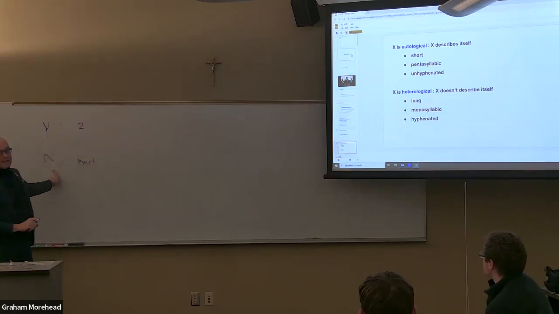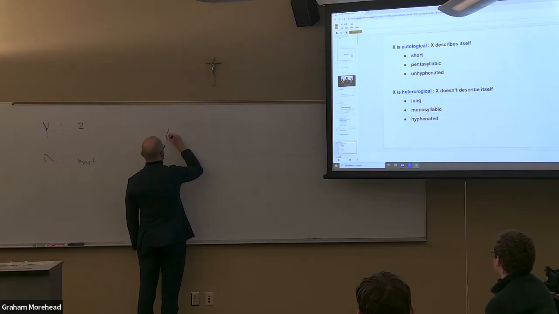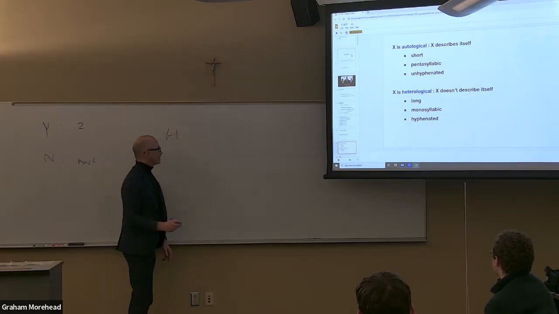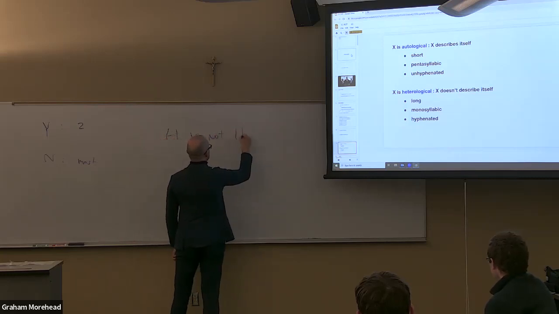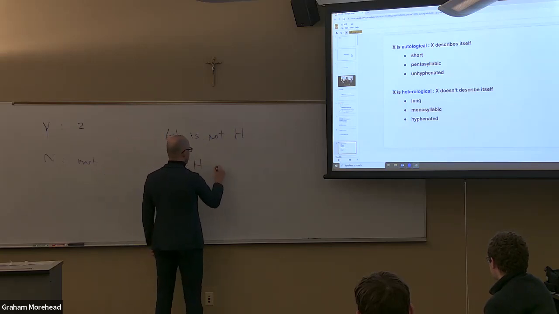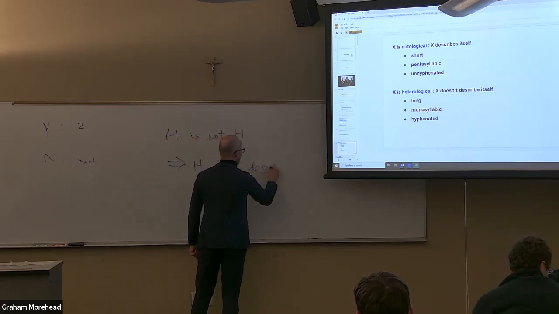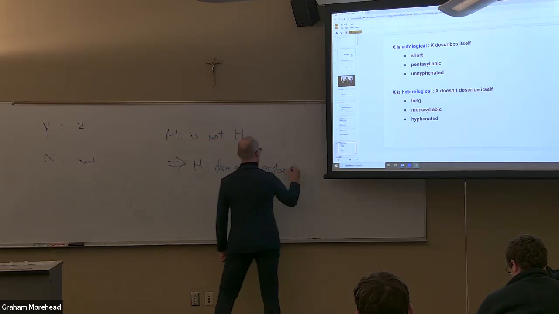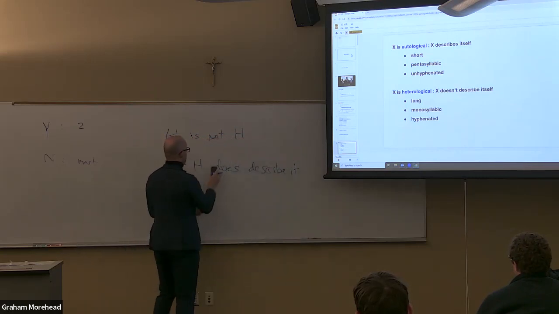Okay, so let's take this argument and see where it goes. We're going to say that, well, just call it H, okay? Heterological is not heterological. Therefore, heterological does describe, wait, if it's not heterological, then it must be autological. Let's do it step by step.